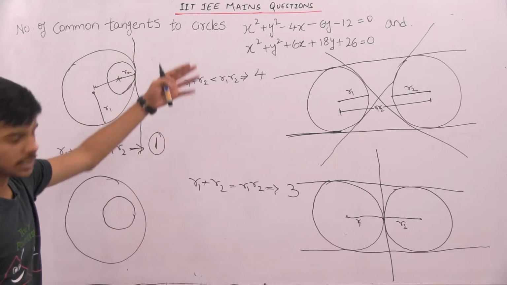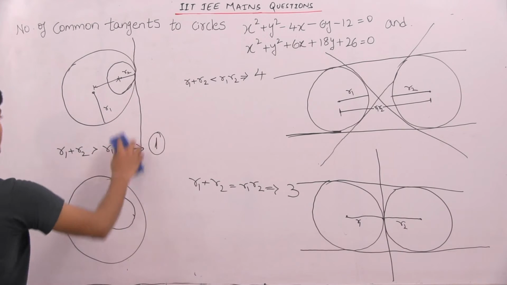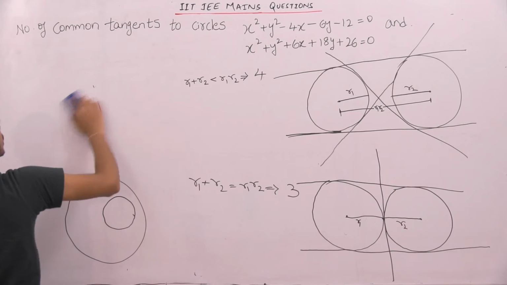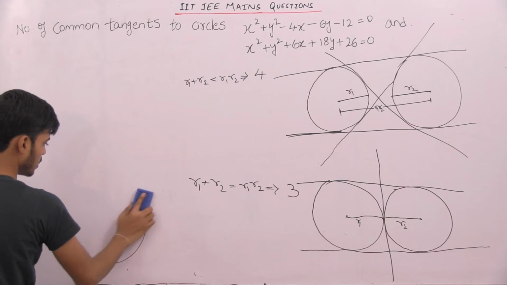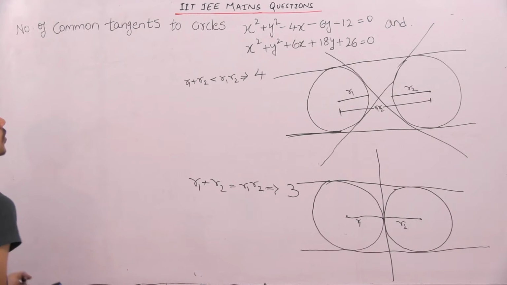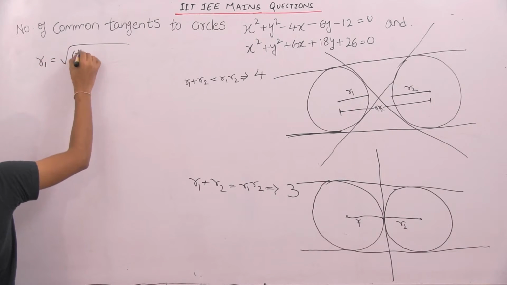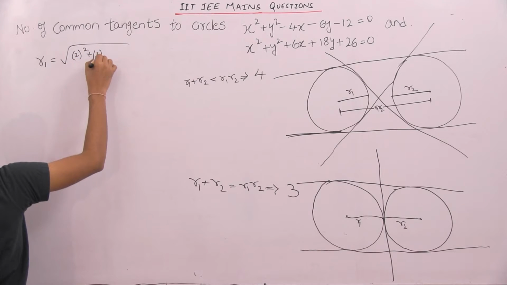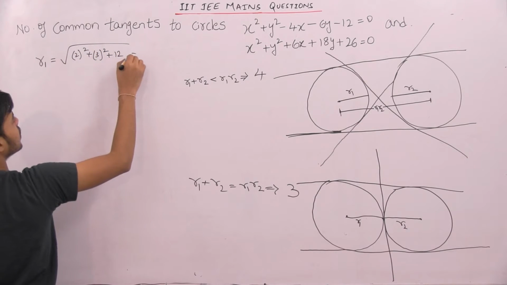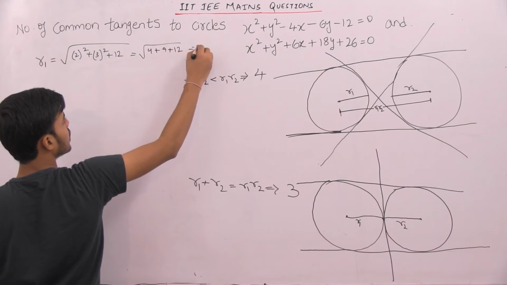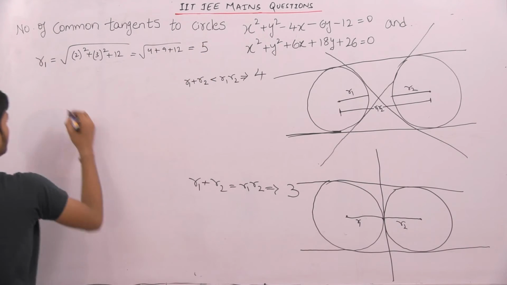Now coming to the given question, let's check which of the situations arises. The radius of the first circle is the square root of 2 squared plus 3 squared plus 12, which is 4 plus 9 plus 12, root 25, that comes to 5.